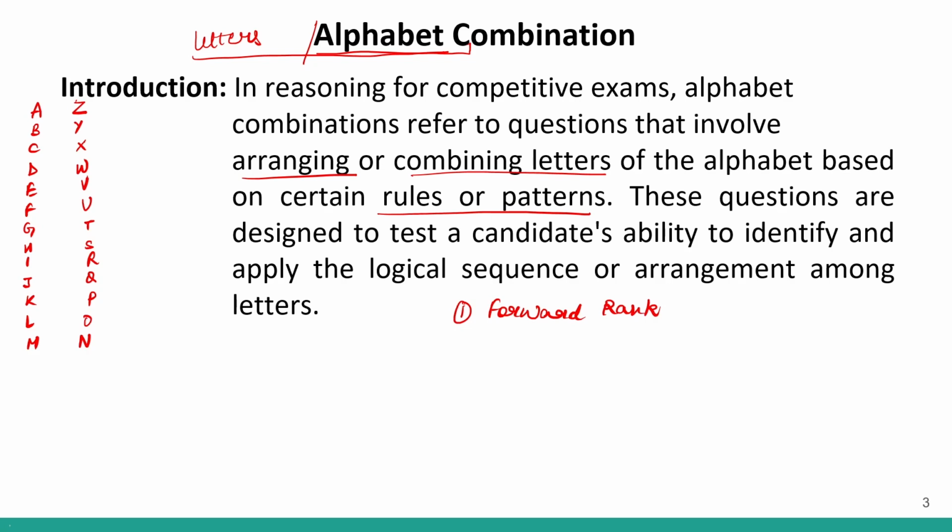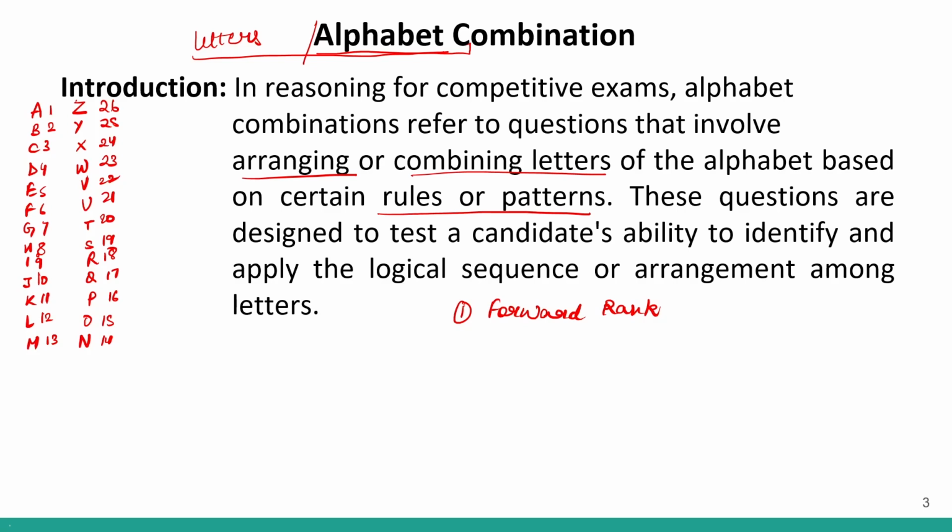If I give them numbers from 1 to 26, like 1, 2, 3 up to 25 and 26, these are your forward ranks.